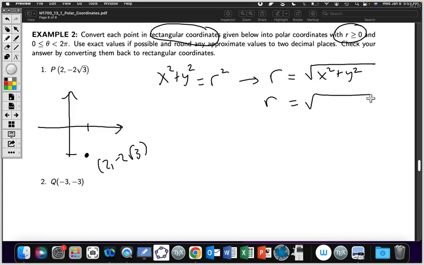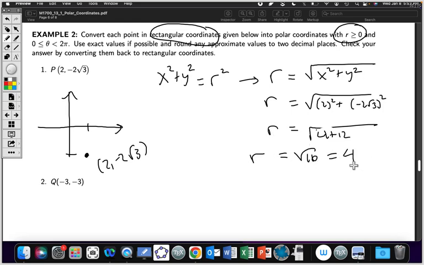So x squared would be 2 squared, y squared would be negative 2 root 3 squared. 2 squared is 4. Negative 2 square root of 3 squared would be 4 times 3, which is 12. So that's square root of 16, which is 4.